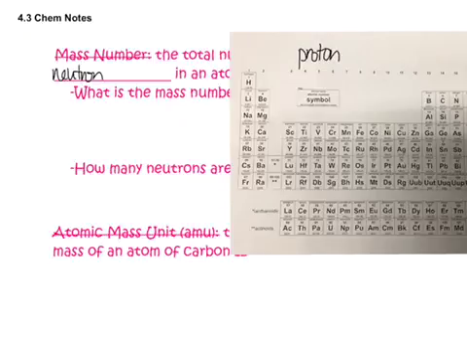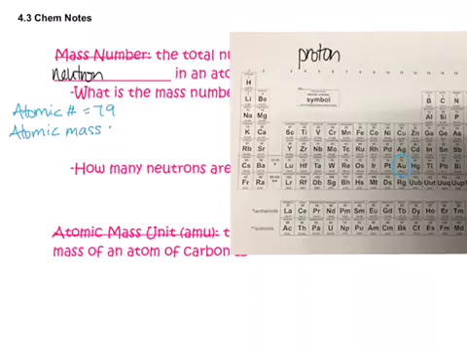Gold is right here, Au, and it has an atomic number, the whole number, of 79, and it has an atomic mass of 196.97, and we get that from this decimal number right here.